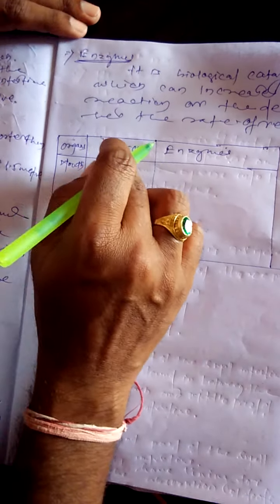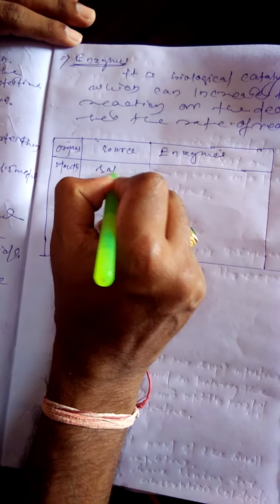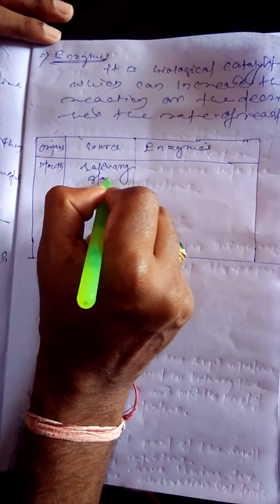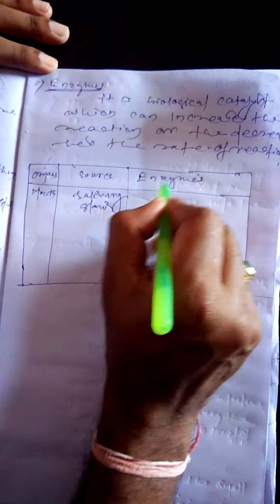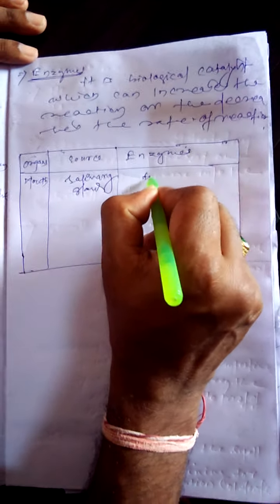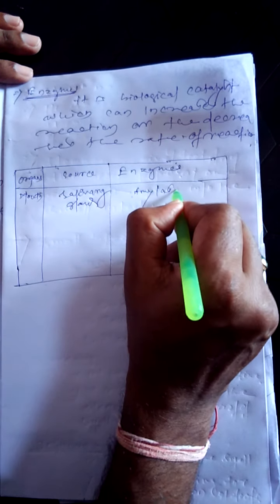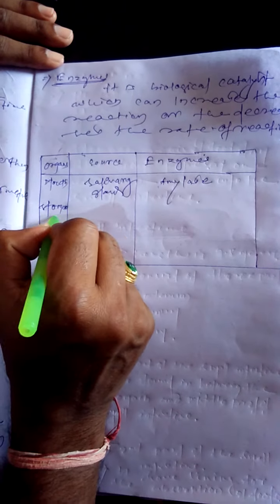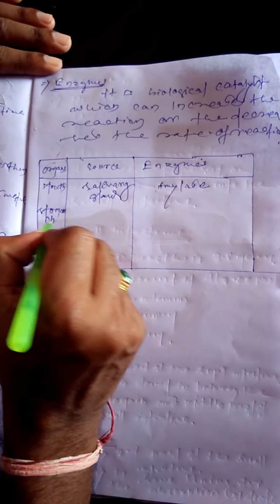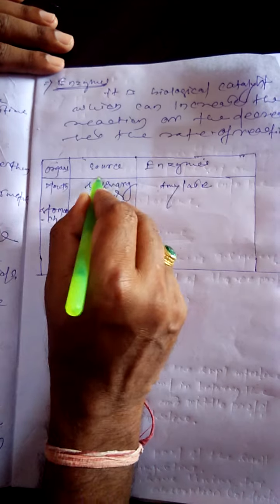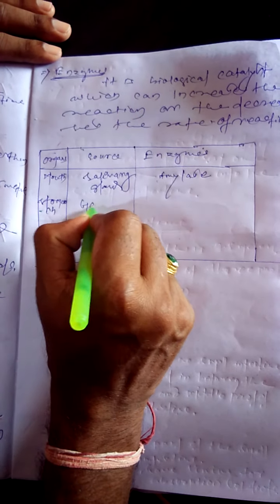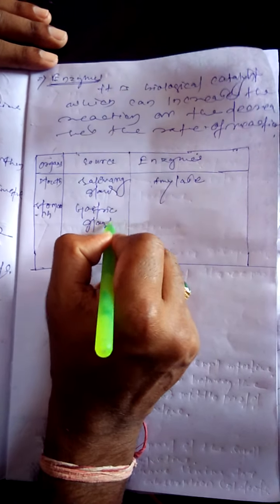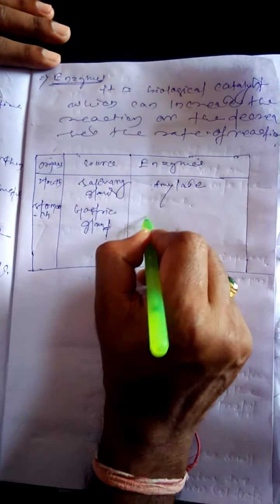Mouth source is the salivary gland. Enzyme produced is amylase. Keep remember, this one is very important. Another, stomach. Source is gastric gland. Enzyme produced is pepsin.